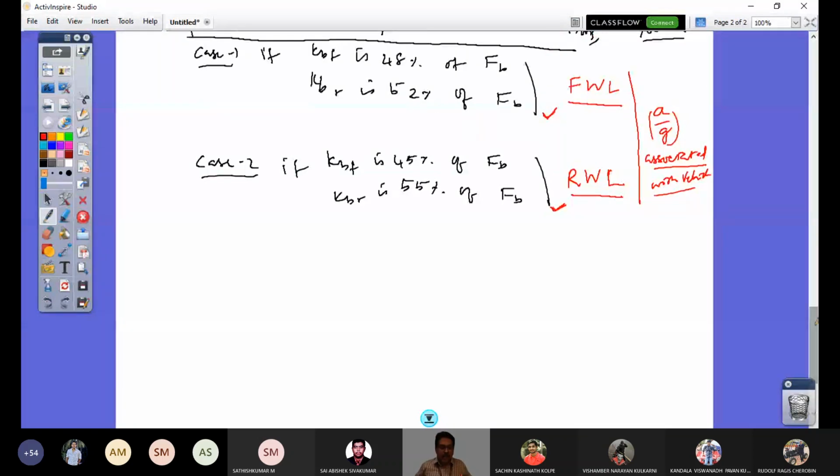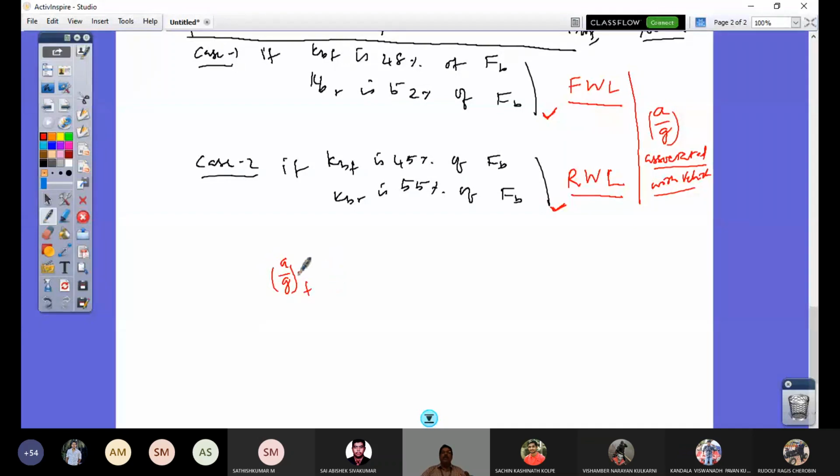So let me just give you that final one, and we will discuss that in the subsequent class, right? If we are looking at A by G, you can derive an expression for A by G for the front wheel. So what do you mean by that? Front wheel lockup first, right? This is for front wheel lockup first.